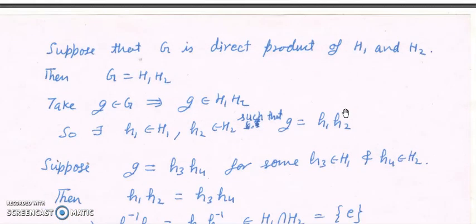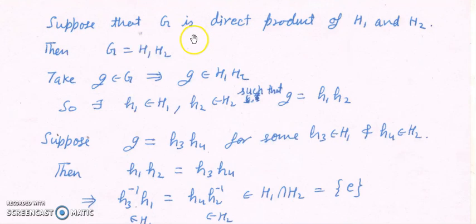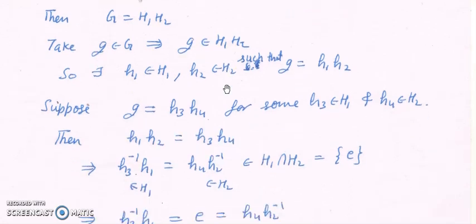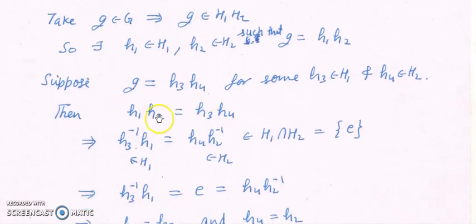So suppose G is the direct product of H1, H2. So G can be written as H1H2. Take an element g in G. Because g belongs to H1H2, there exist small h1, small h2 such that g can be written as h1h2. Suppose this element has two presentations, so we also write g to be h3h4. So h1h2 and h3h4 are equal. So take h3 this side and h2 this side.